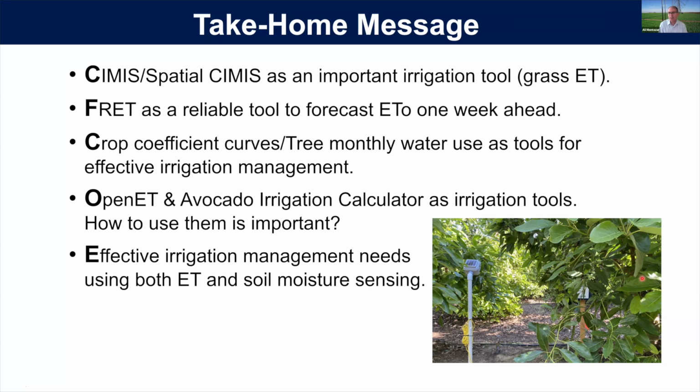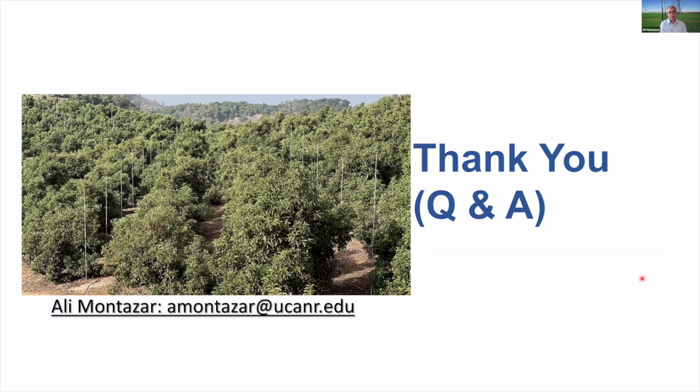So the strategy you need to use is you follow ET or crop water needs and you do the adjustment based on the soil moisture sensing data. So you always need soil moisture sensors and you integrate these tools together, and I'm sure you can do a great job for your irrigation scheduling. So that's all I have.